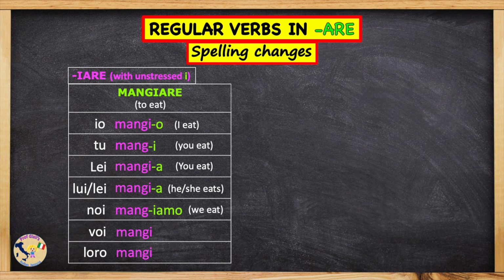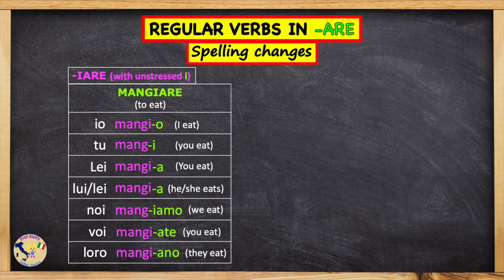I'll repeat the whole conjugation once more. Io mangio, tu mangi, lei mangia, lui mangia, lei mangia, noi mangiamo, voi mangiate, loro mangiano.